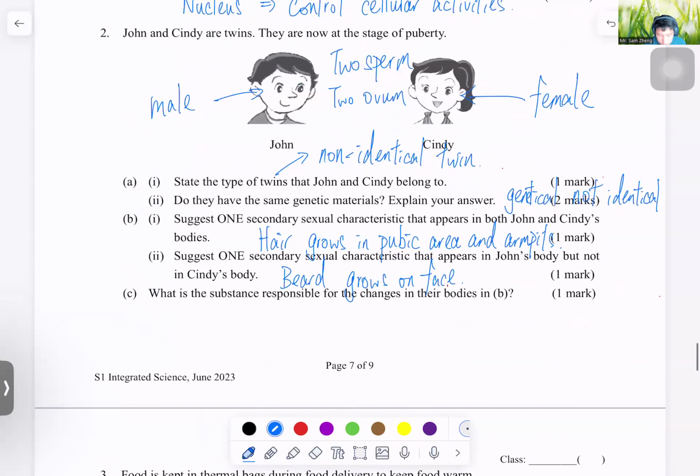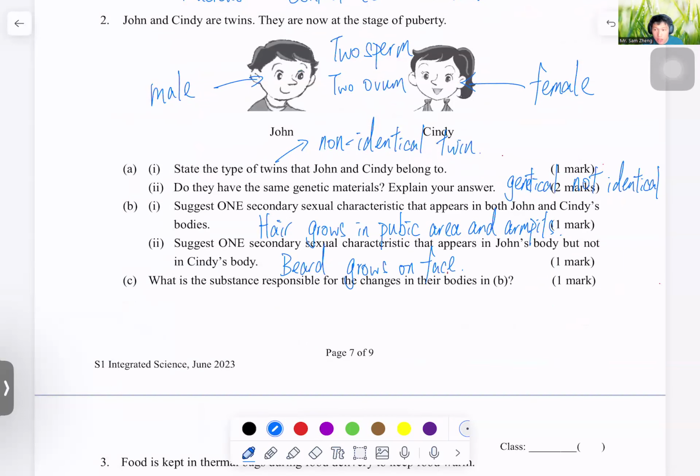So what is the substance responsible for the changes in their body in B? So in this case, this is caused by the sex hormones. So in this case, the sex hormones are very important.